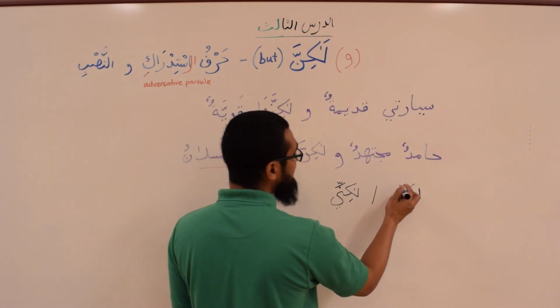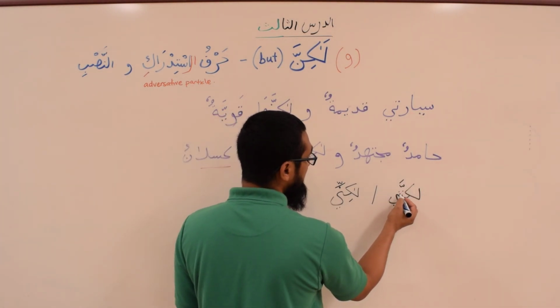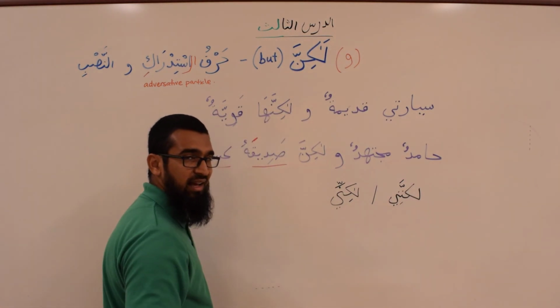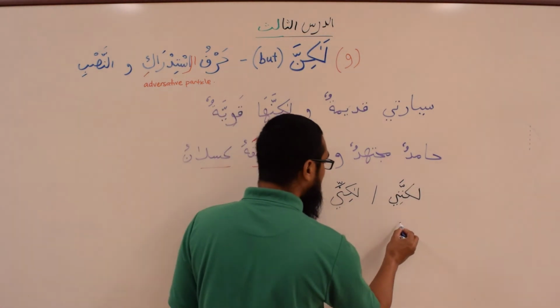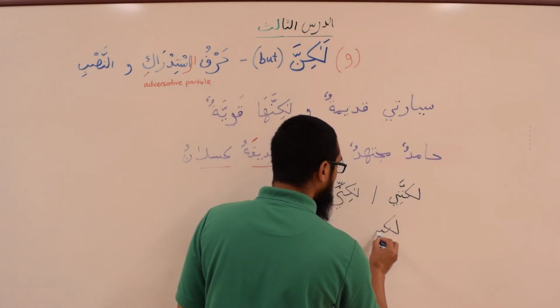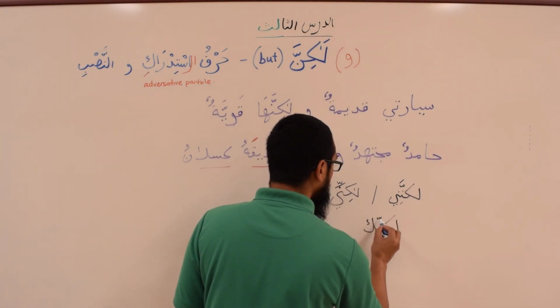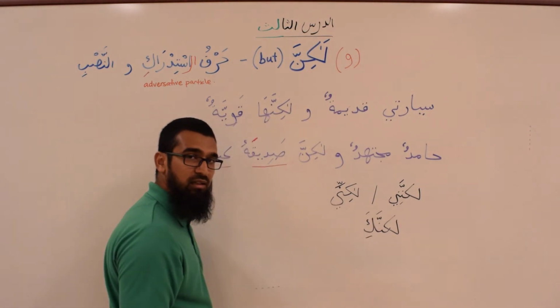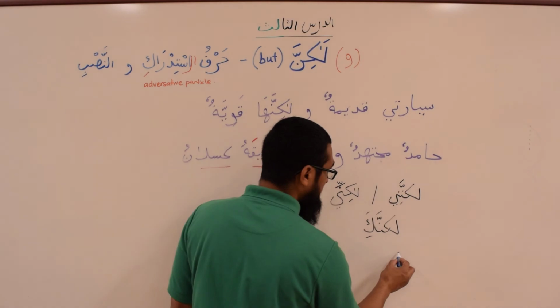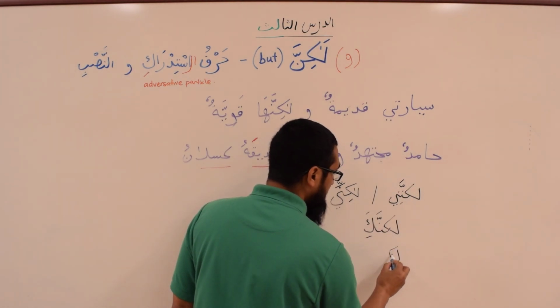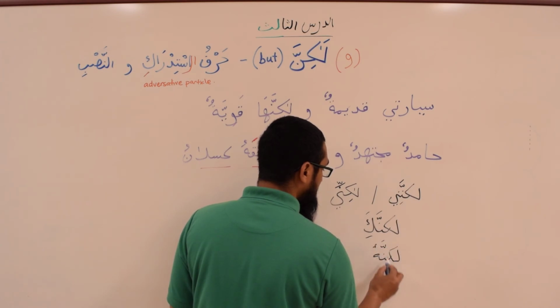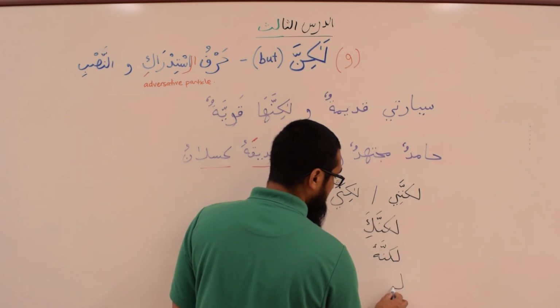Here was lakinnani, a fatha and then a kasra on the second noon. Lakinna plus anta is lakinnaka. It could be lakinnaki if it's anti. Then it's going to be lakinnahu, or lakinnaha.